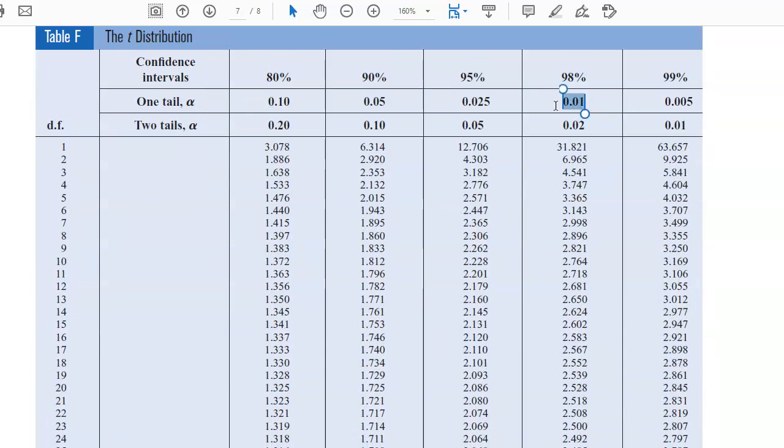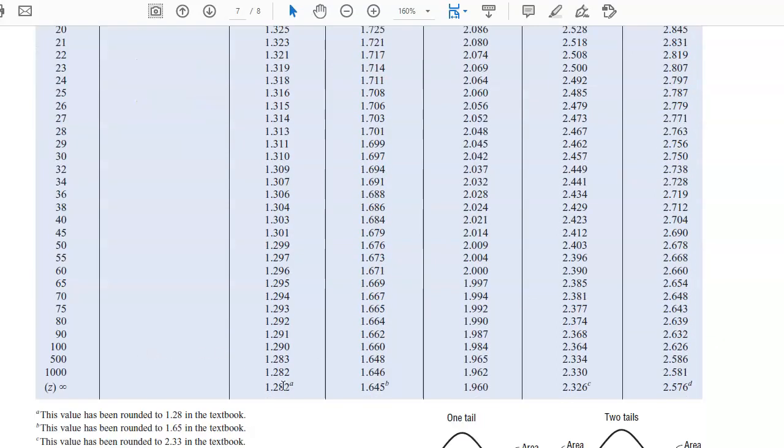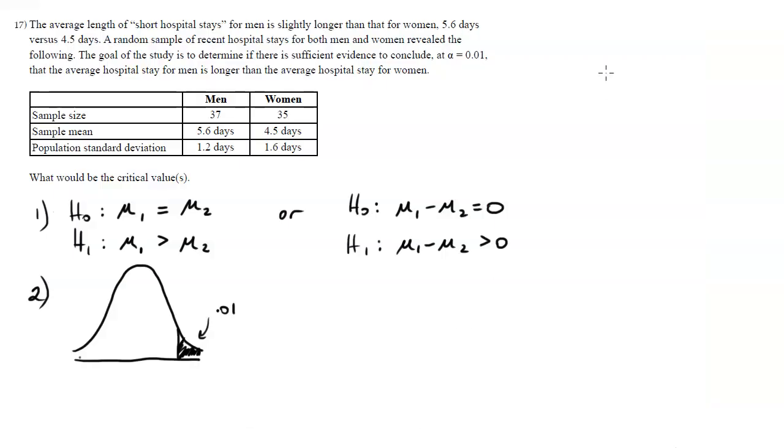One-tailed, 0.01. That z-critical value is 2.326 or 2.33. So this z-value here is 2.33. That's the answer. 2.33, or unrounded from the table, is 2.326. That's our critical value.